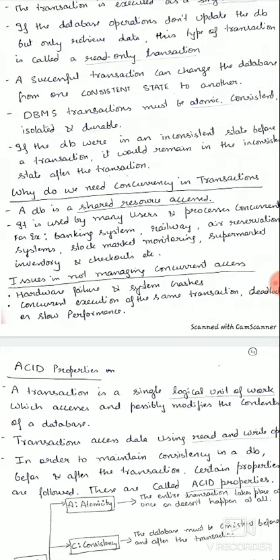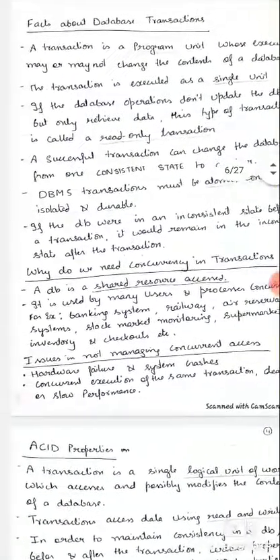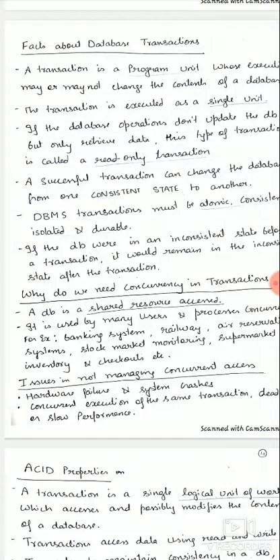If your system has so much information or data in it, then when you do any transactions, the system will slow down. That means there will be some degradation problem. These are some of the issues we face when doing concurrent access to any particular application. So this is all about transactions.